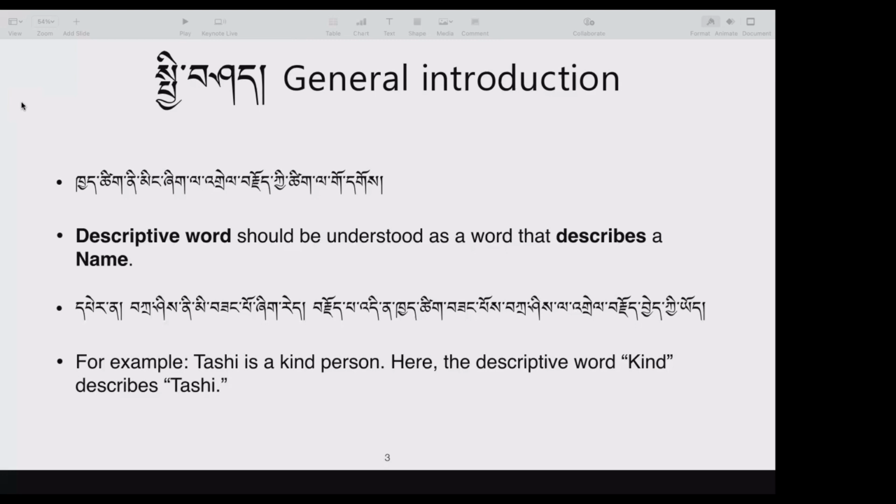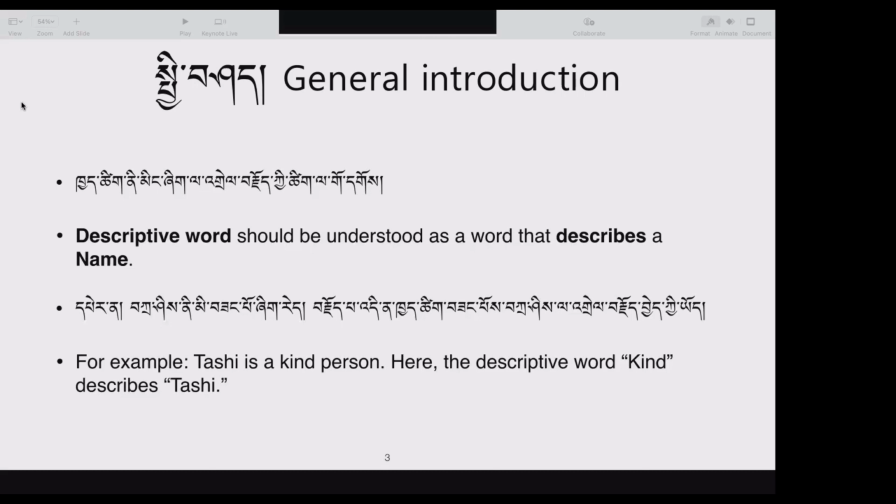So descriptive word keti should be understood as a word that describes a name. Minshila delju ki sila kogu. Kogu means should be understood. So we understand by the definition that it's a word that describes either a naming word or a noun or an action word.